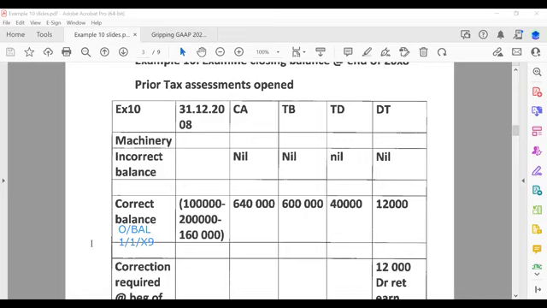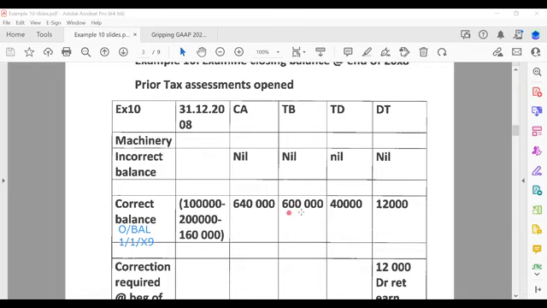The correct balance would have been, and there's a typo here, please change this to 1 million. It's missing a 0. 1 million less 200,000 of depreciation, less 160 of depreciation for X8 would then give you 640,000, which is your carrying amount.